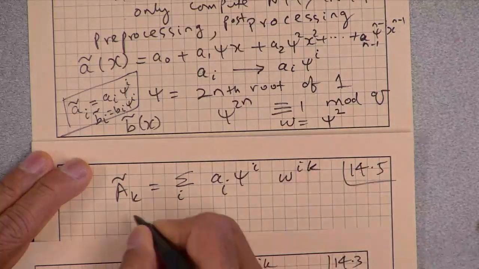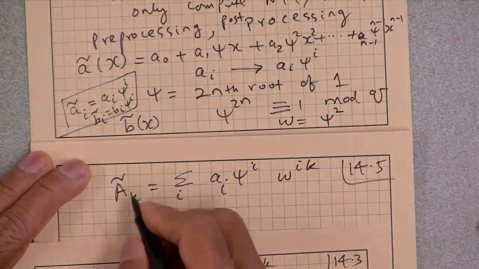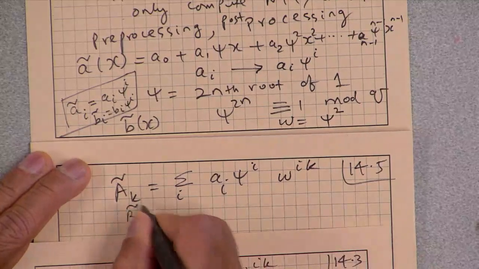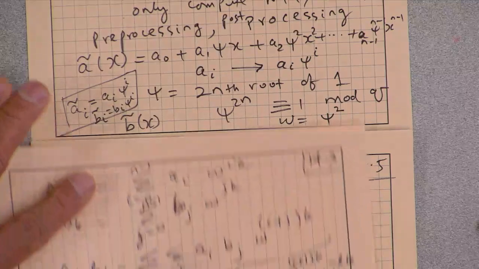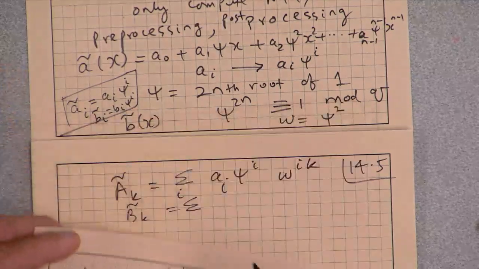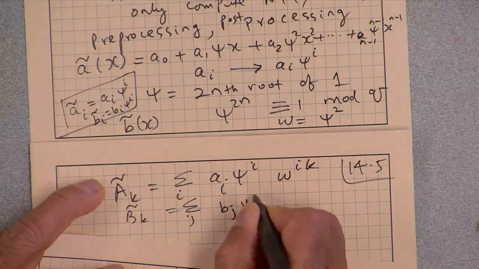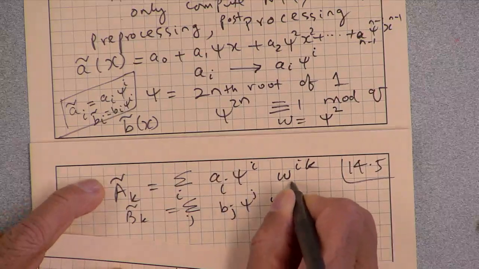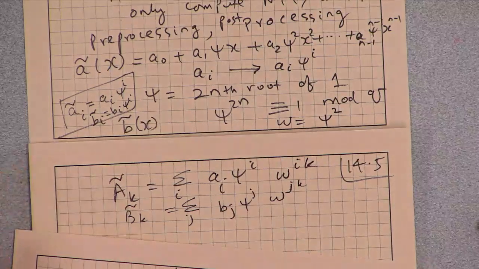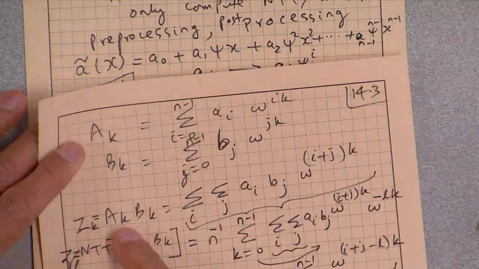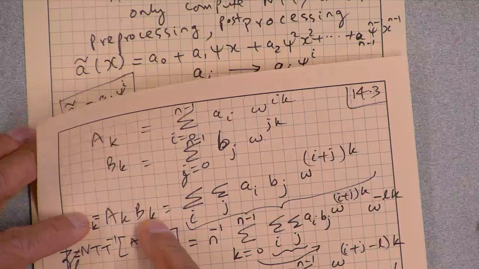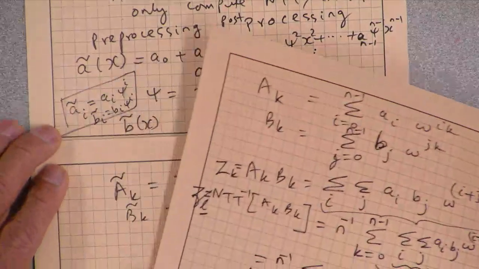Okay, so that's A k tilde. B k tilde is the same way, summing over index j, b j psi to the power j, omega to the power j k.